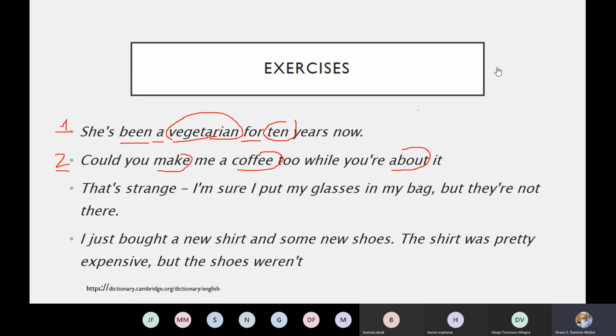Which do you think are the words in which we have to use the strong form? We can say they... but they are not there. I'm sure I put my glasses in my bag, but they are not there.